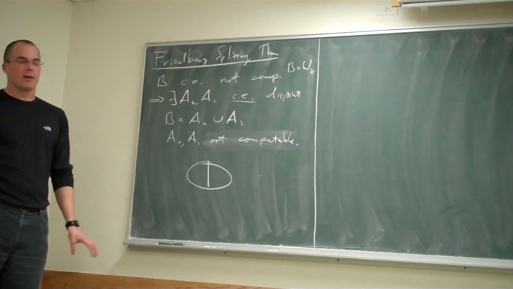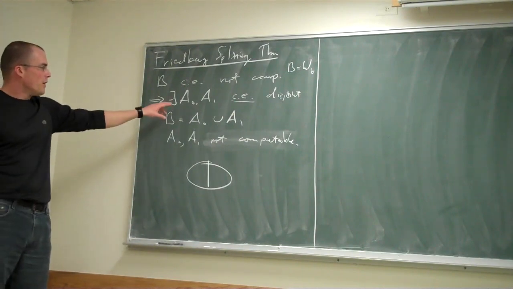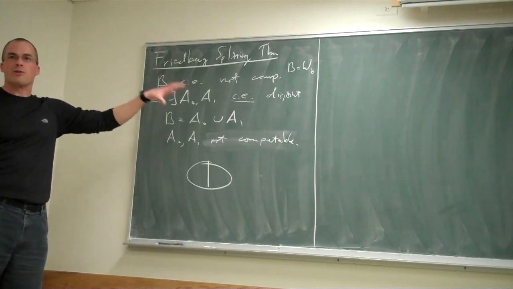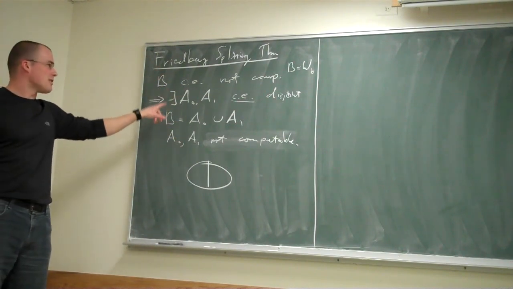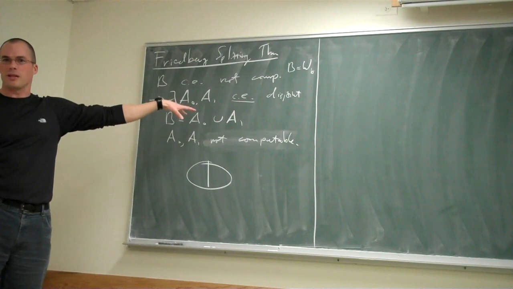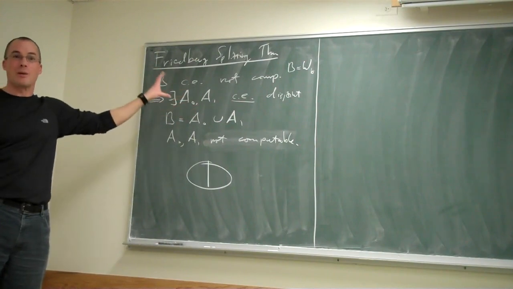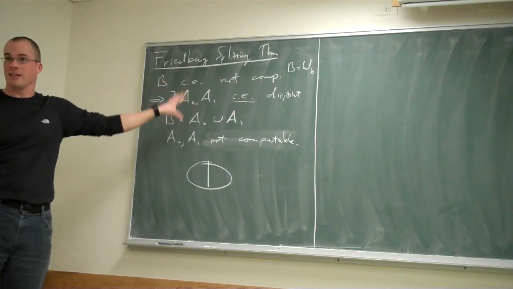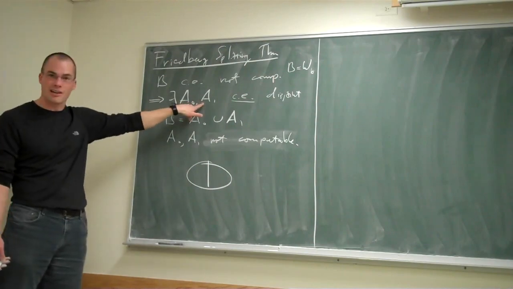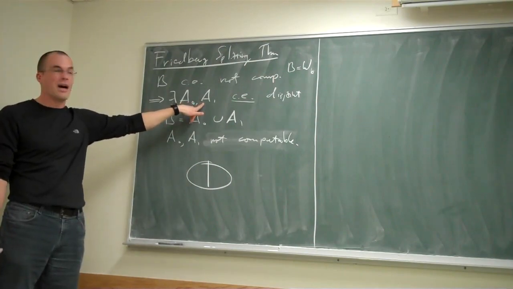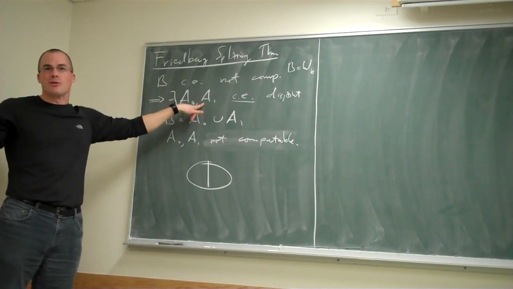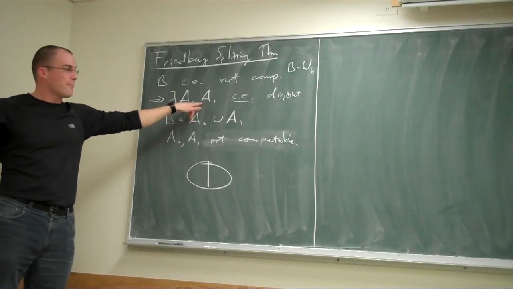Not usually the way you do it. So how can you do a construction that results in computably enumerable sets? That's sort of basic question number one that you want to ask in this kind of context. We need to construct two computably enumerable sets. How at all do you construct a computably enumerable set?